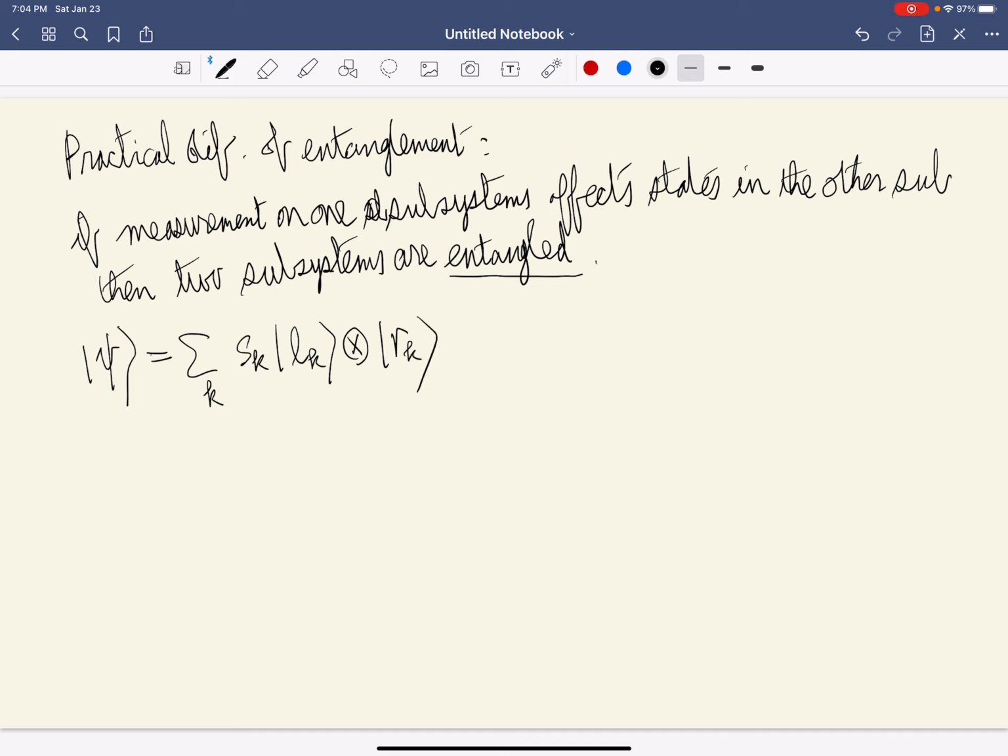Okay, so if more than one of these states has a non-zero singular value, for example, let's say two of these singular values are non-zero, then you can expand the resulting many-body state like this.